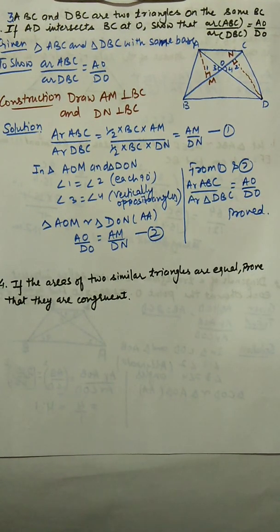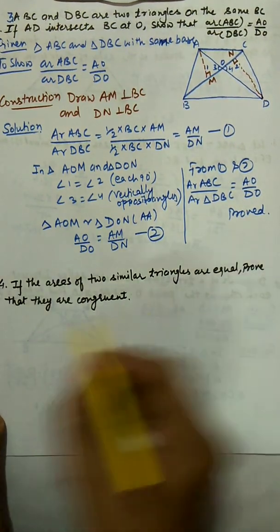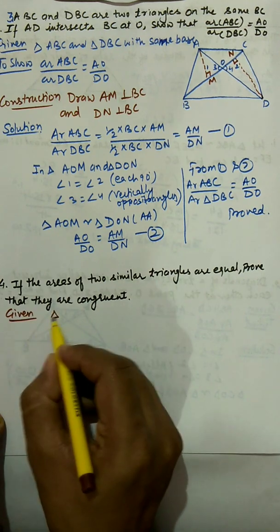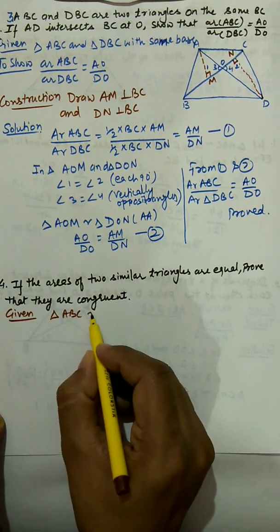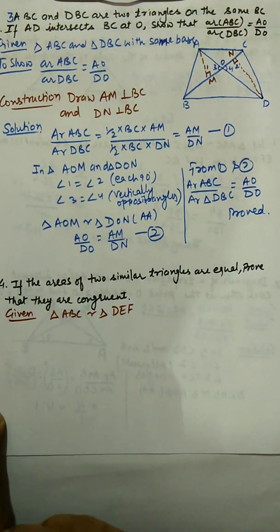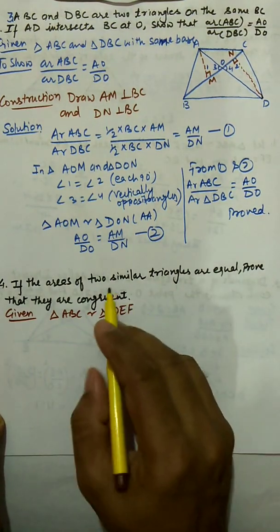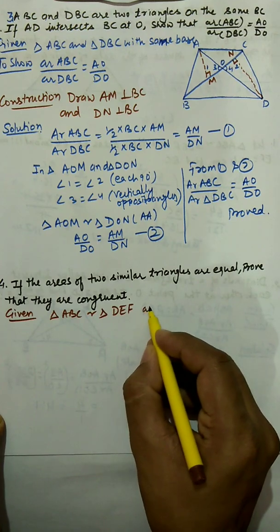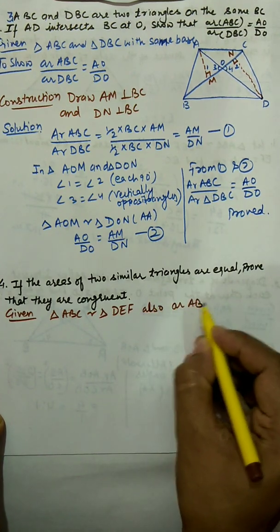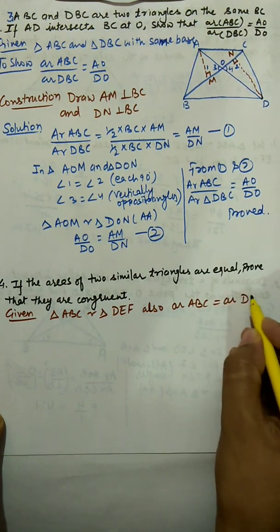So let's start question number 4. In this we write as given that triangle ABC and triangle DEF are similar. Also their areas are equal, area ABC is equal to area DEF.